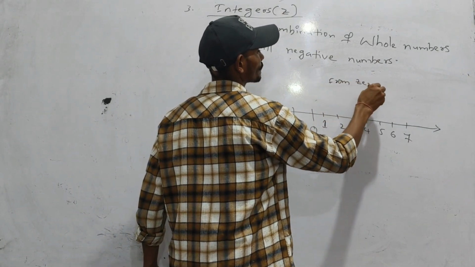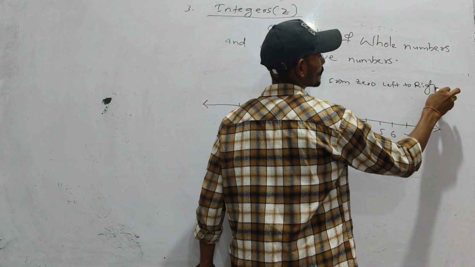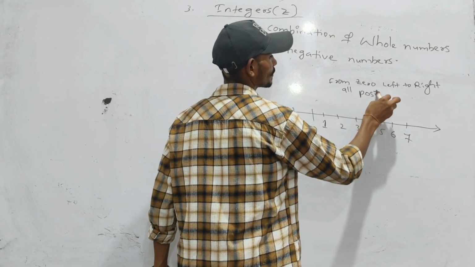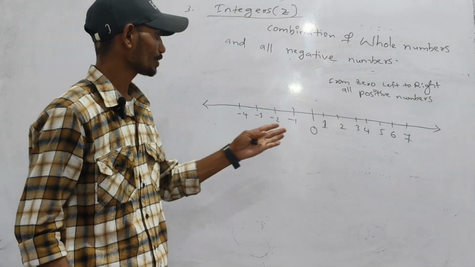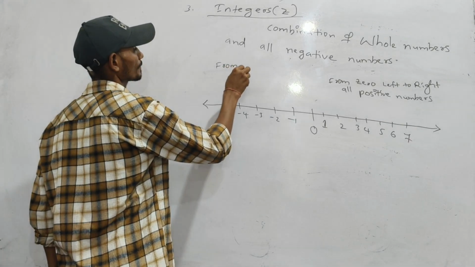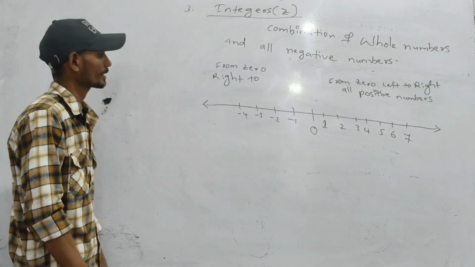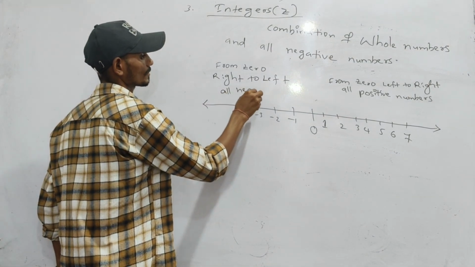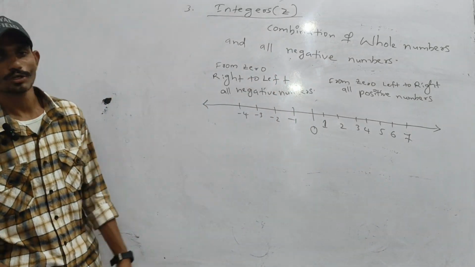From 0, going right to left, are all negative numbers. 0 is always the center.